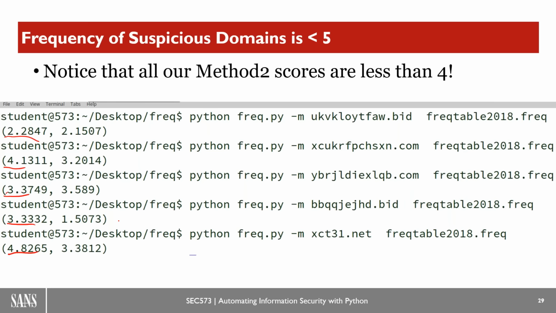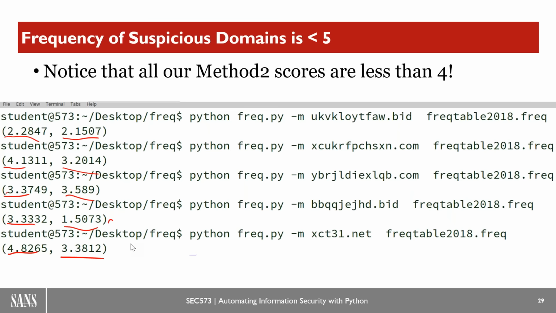Obviously, the lower the number coming out of Freq.py, the more random or unusual it believes the text is. Now for method 2 in Freq.py, you'll see that all of my numbers here are significantly less than 4. So method 2, this new method of giving my word probability as opposed to the average probability number, seems to be giving me a much more reliable way of identifying these.